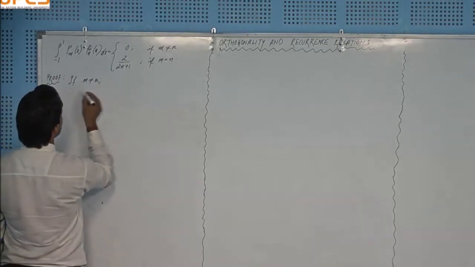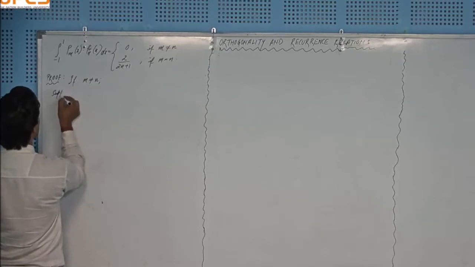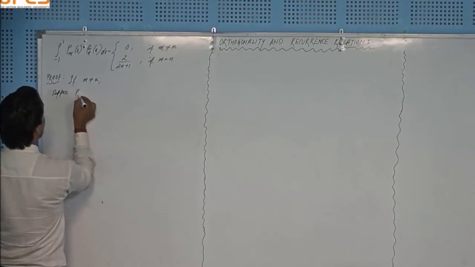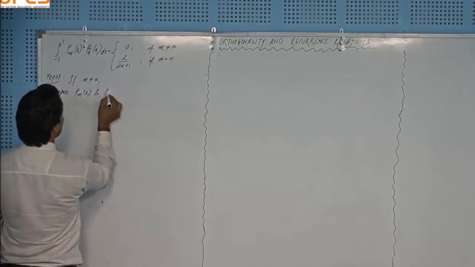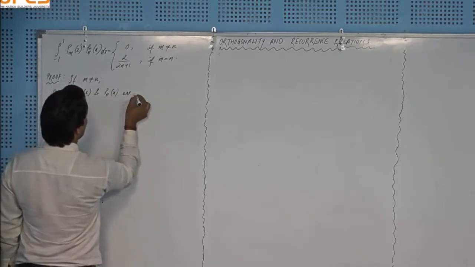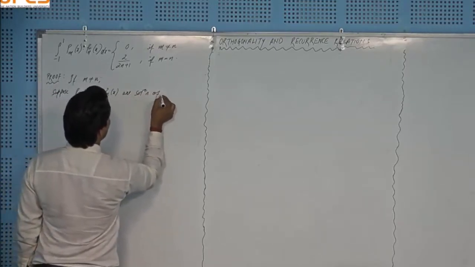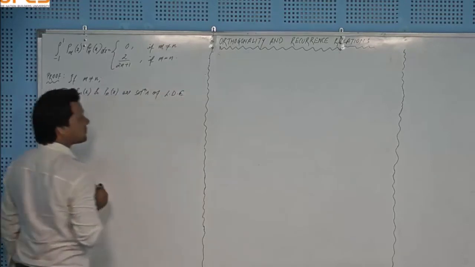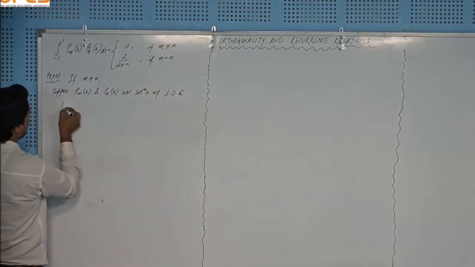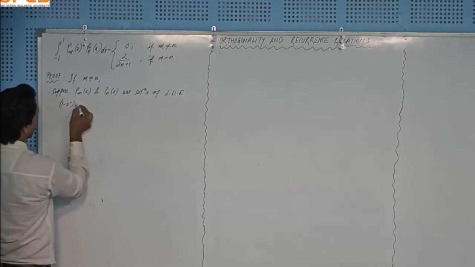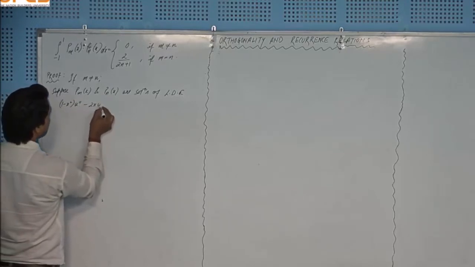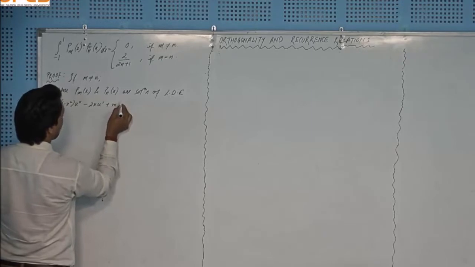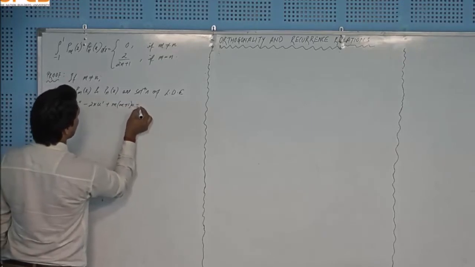This is case 1. Suppose Pm(x) and Pn(x) are solutions of Legendre's differential equations, that is (1 minus x square) u double dash minus 2x u dash plus m(m plus 1) u equal to 0.